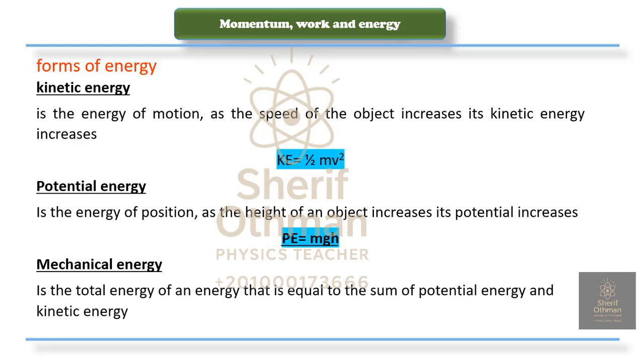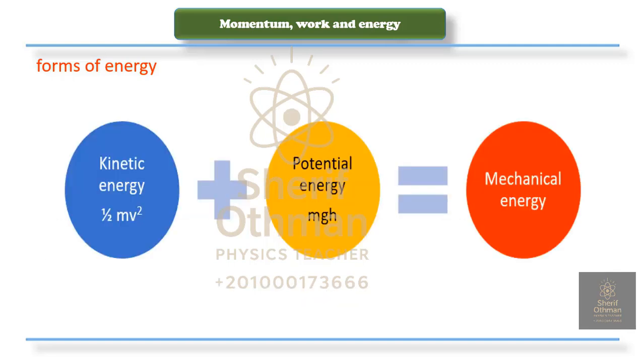Mechanical energy is the total energy of an object that is equal to the sum of potential energy and kinetic energy. So kinetic energy plus potential energy is equal to mechanical energy, and as we said, mechanical energy is constant for the object unless an external force is applied on an object like friction in the simulation.